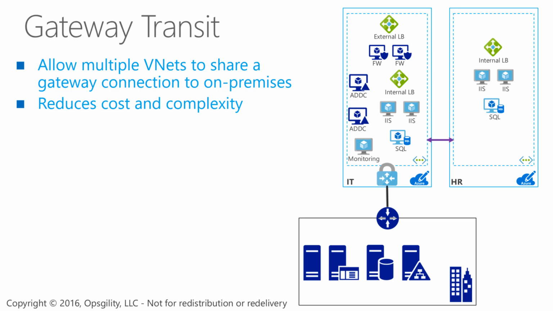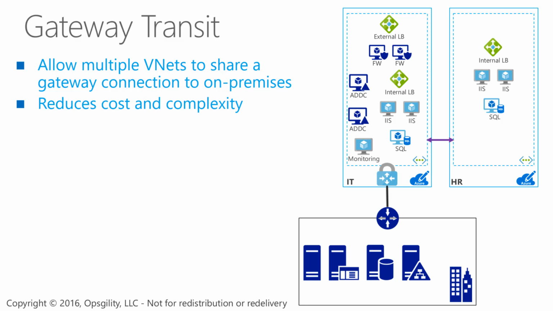VNet peering also enables a VPN gateway in one VNet to be used by peered virtual networks. This is called gateway transit, and it allows traffic to flow between peered virtual networks and on-premise networks.